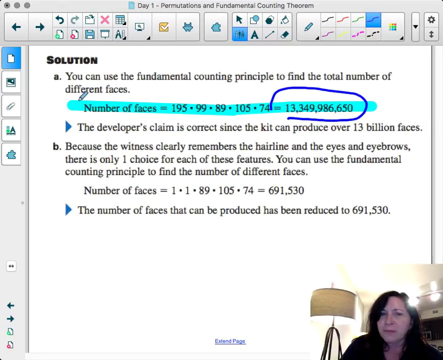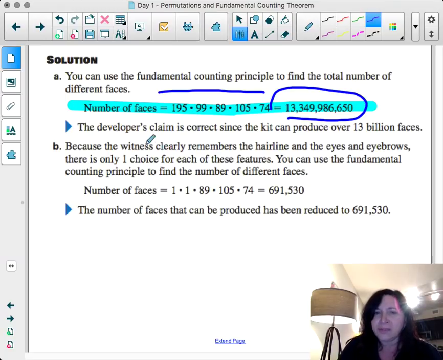Okay. The fundamental counting principle is basically just multiplying each item against each other. Now, a couple of things that are kind of interesting. You've got 13 billion faces that the witness kit will go through.